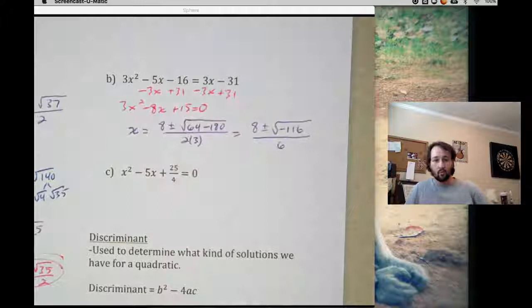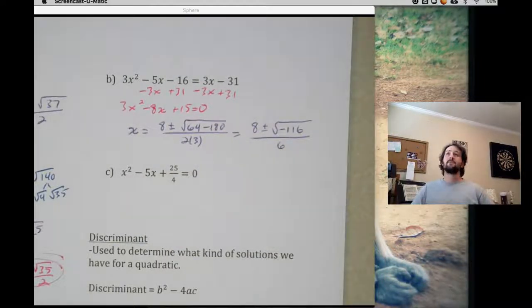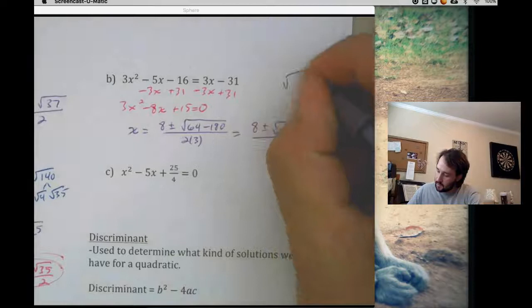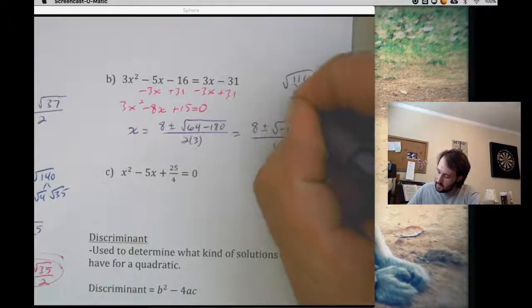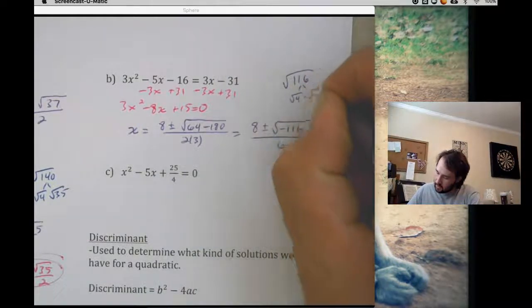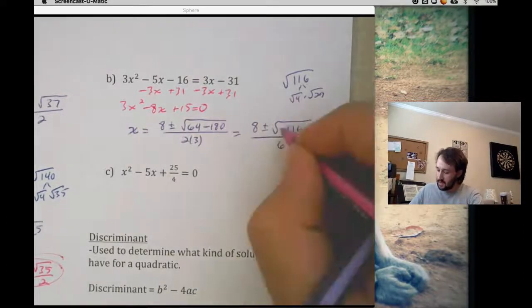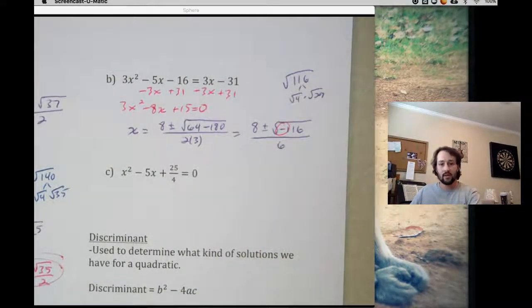So now that square root 116, that can break down. So what is that? 58 and 2, and then 29 and 2. So it should be square root 116 is square root 4 times square root 29. So now notice also that this negative here, that's going to create an imaginary solution.